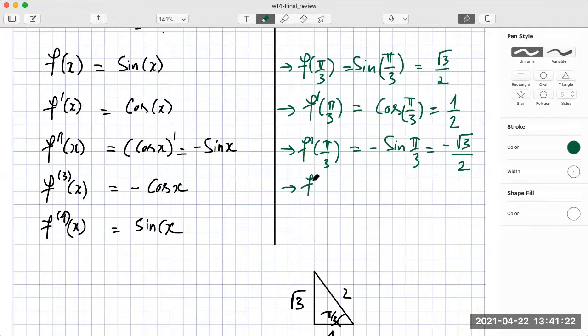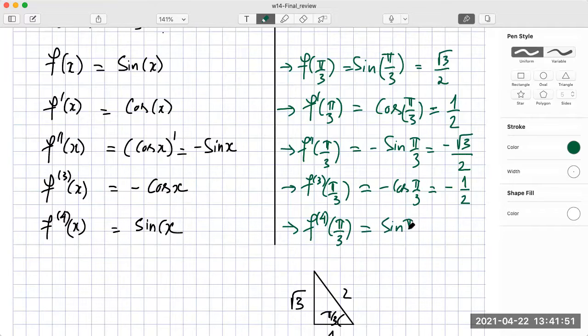The third derivative will be negative cosine of pi over 3, and cosine of pi over 3 is this, therefore it will be negative 1/2. The fourth derivative of the function at pi over 3 will be sine of pi over 3, which is square root of 3 over 2. Very good.